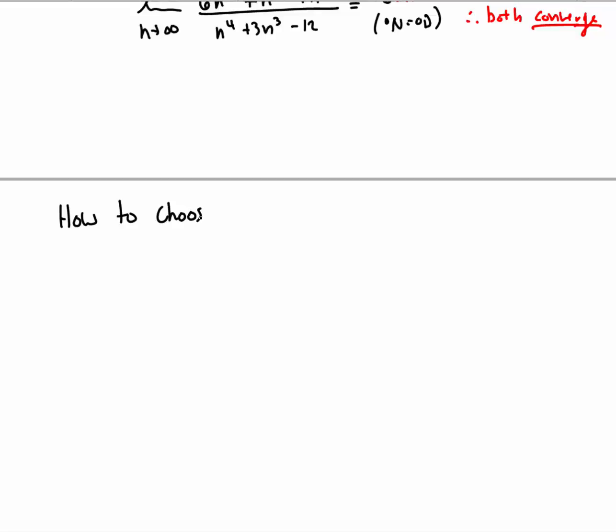Now, we have a lot of tests that we've covered. So how do I know which one to use? The first thing I would always do, and this is just kind of my opinion, is start with the divergence test. If I can take the limit of that and I can get something that isn't 0, then I'm done right away. And taking limits are usually pretty quick.